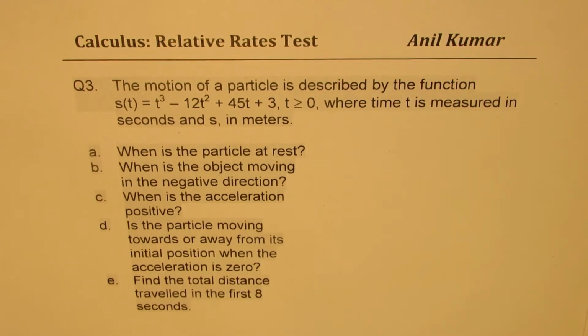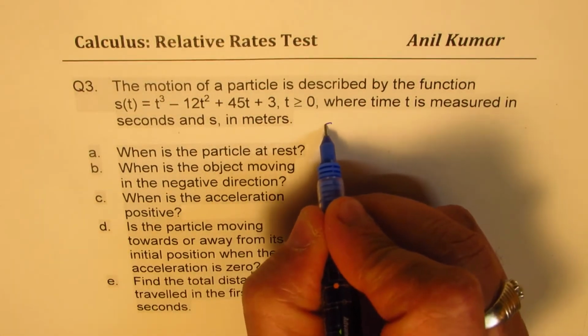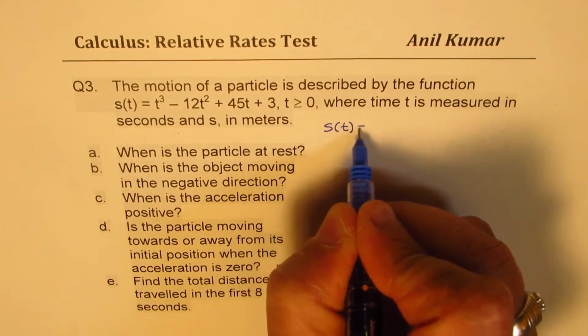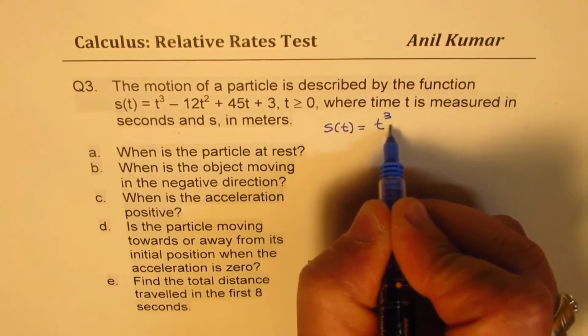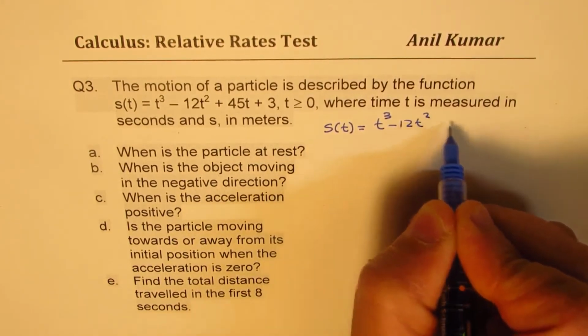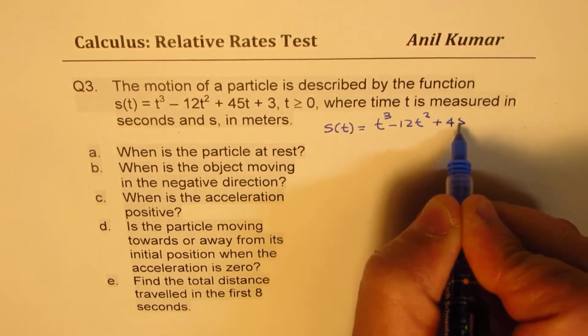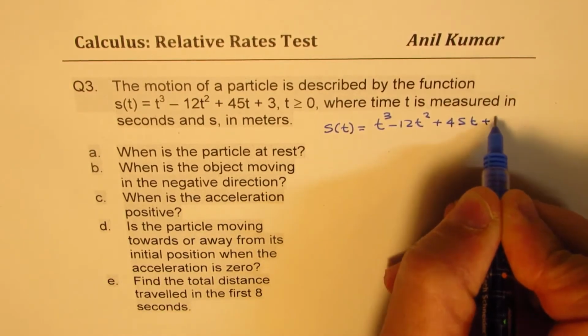You can always pause the video, answer the question, and then look into my suggestions. Now this is a displacement, velocity, acceleration application. Let's begin with the displacement function, which is s of t equals t cubed minus 12t squared plus 45t plus 3.